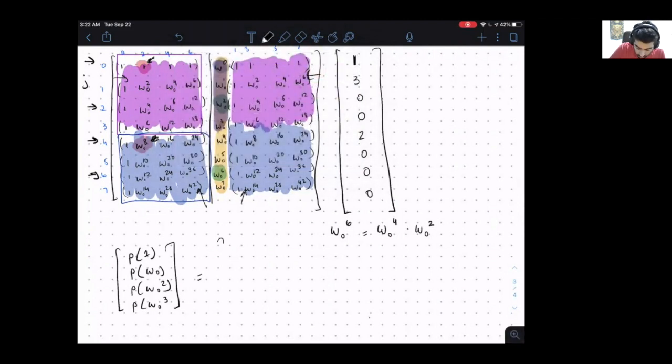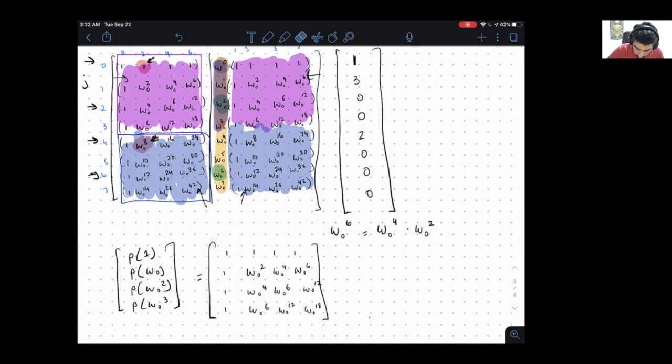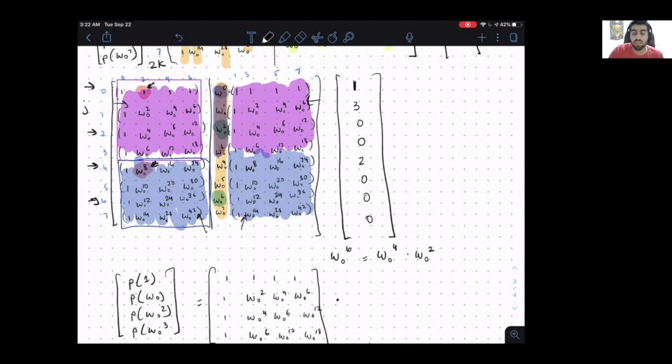So it's going to be that matrix: 1, 1, 1, 1, 1, omega naught squared, omega naught to the 4th, omega naught to the 6th, 1, omega naught to the 4th, omega naught to the 8th, omega naught to the 12th, 1, omega naught to the 6th, omega naught to the 12th, omega naught to the 18th. I'll move this down just slightly.